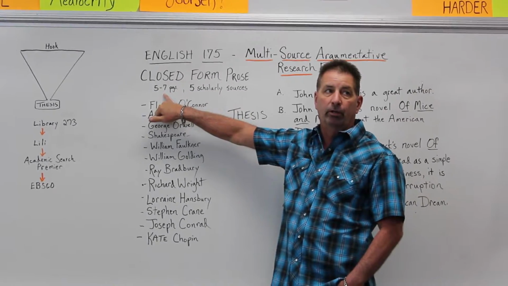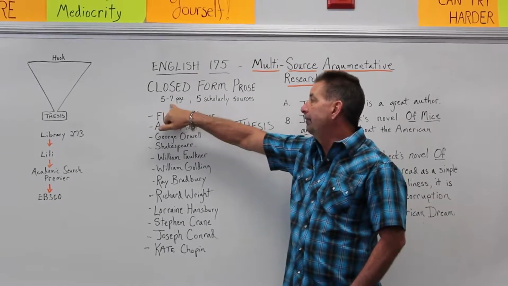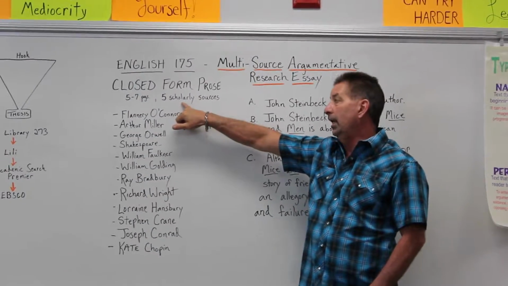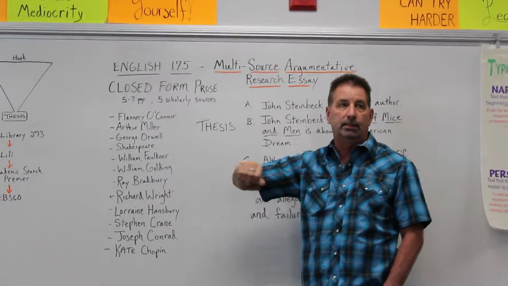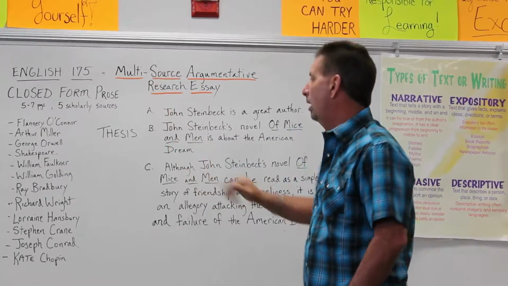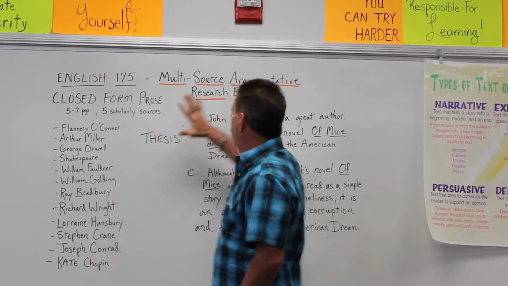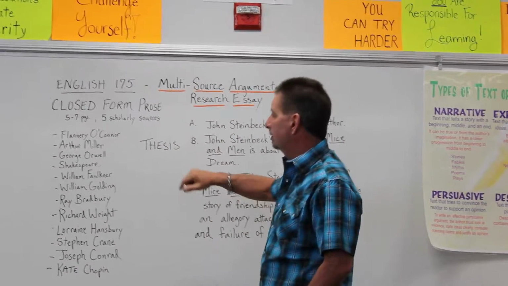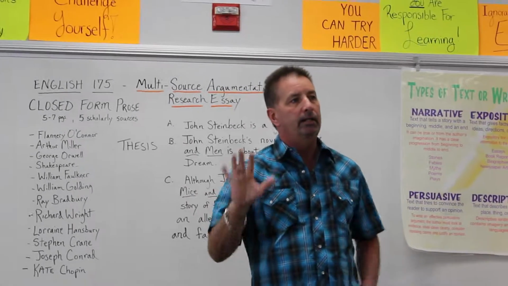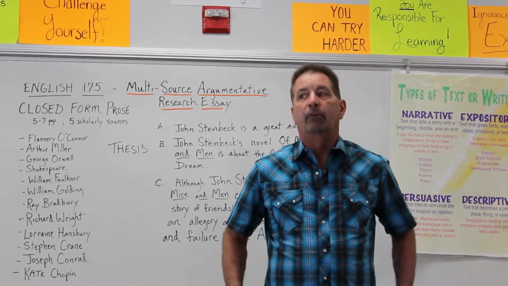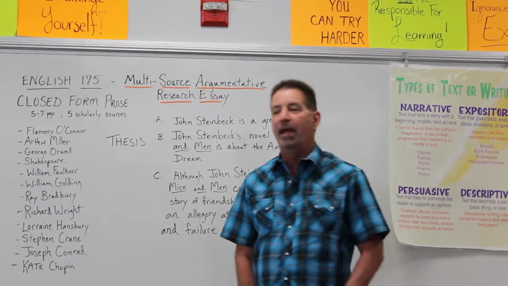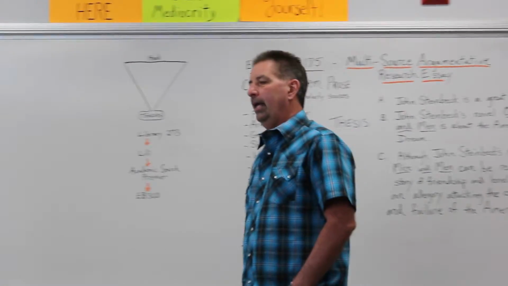That doesn't mean 4 and a sentence. 5 to 7 pages, works cited with at minimum 5 scholarly sources, everything in MLA format, proper thesis, everything you need must be in your rough draft Friday the 13th. What an appropriate day. May 13th, Friday the 13th.